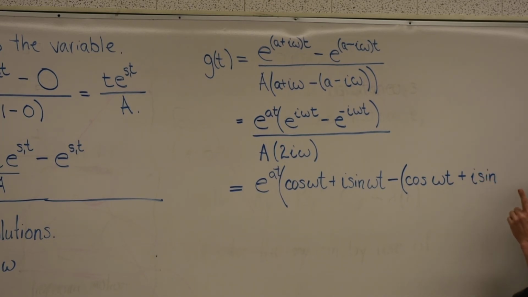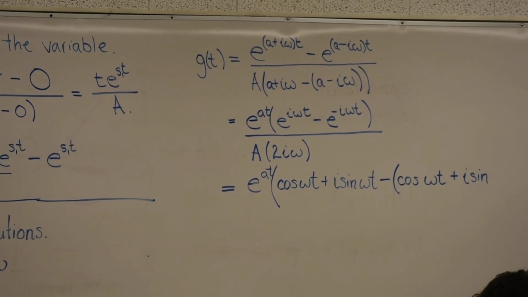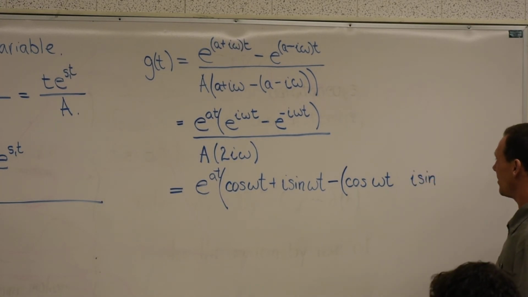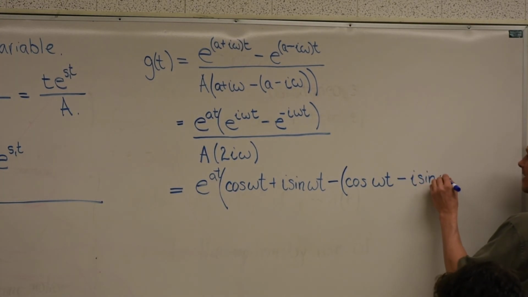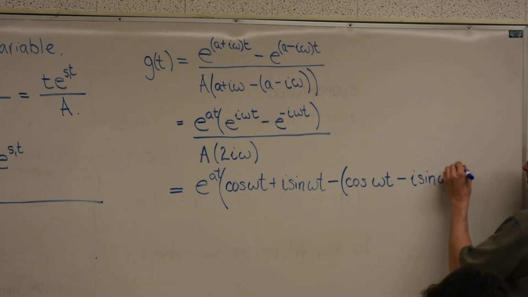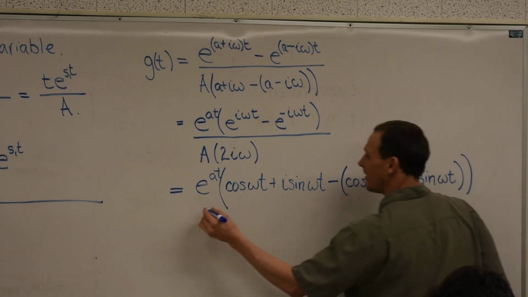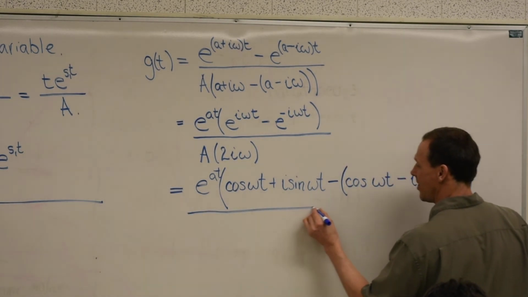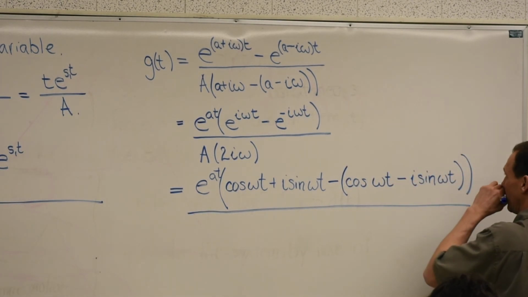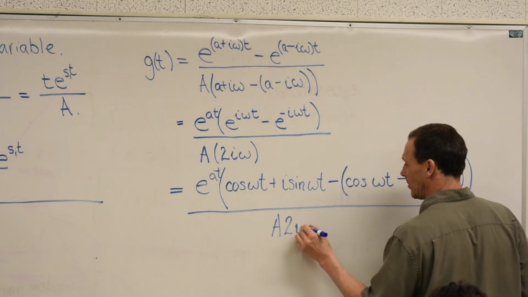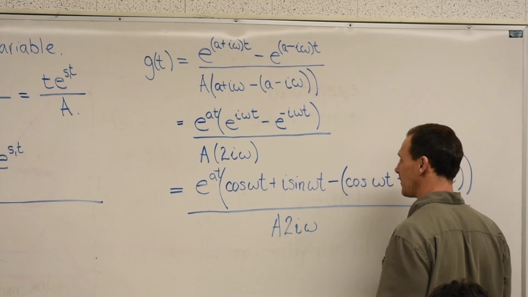The sine of negative omega t, it's an odd function, so it becomes minus i sine omega t. Parenthesis, all of that is a times 2 times i times omega.